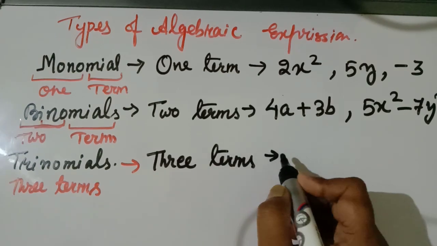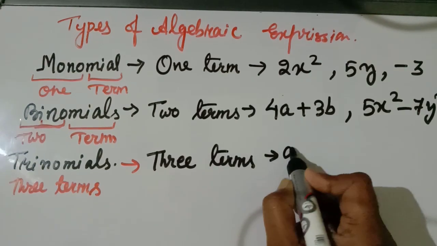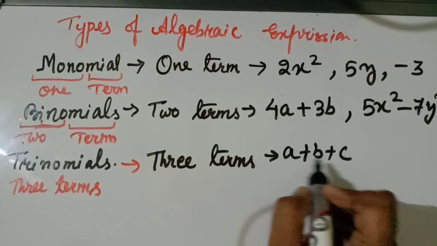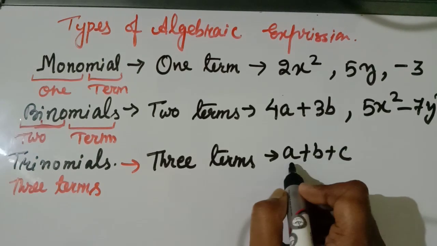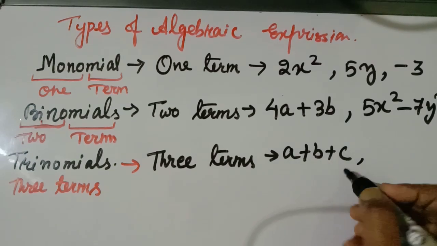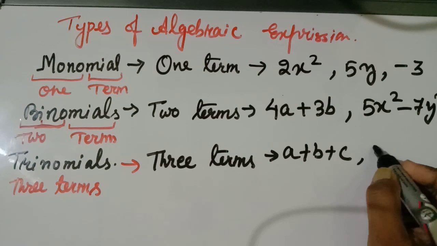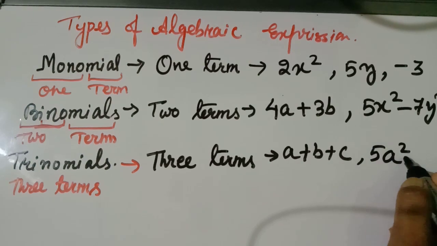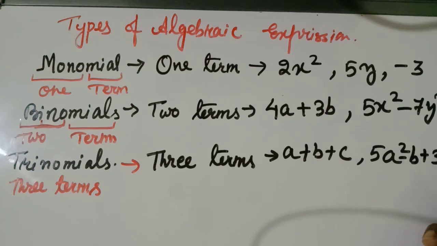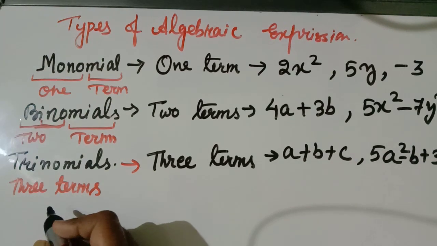Example of trinomial: a plus b plus c. There are 3 terms and 2 algebraic signs, operation symbols, plus or minus. Similarly, 5a square minus b plus 3. So, this is known as trinomial.